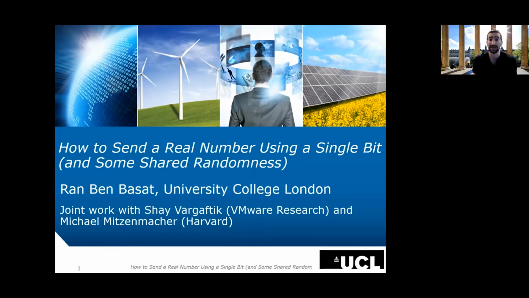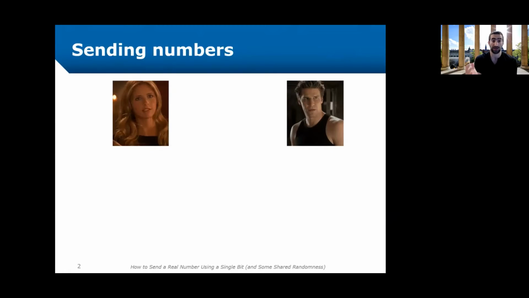In our setting, we have two parties, Buffy and Angel, the vampire slayers, if you're familiar. Buffy has a number, X between 0 and 1.